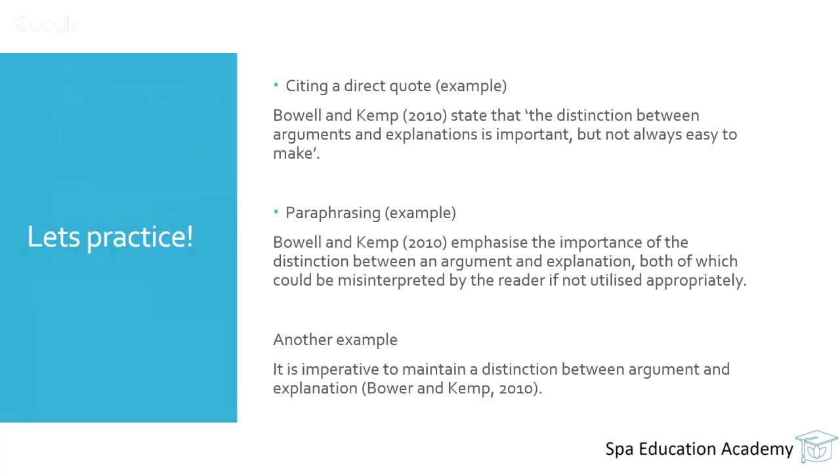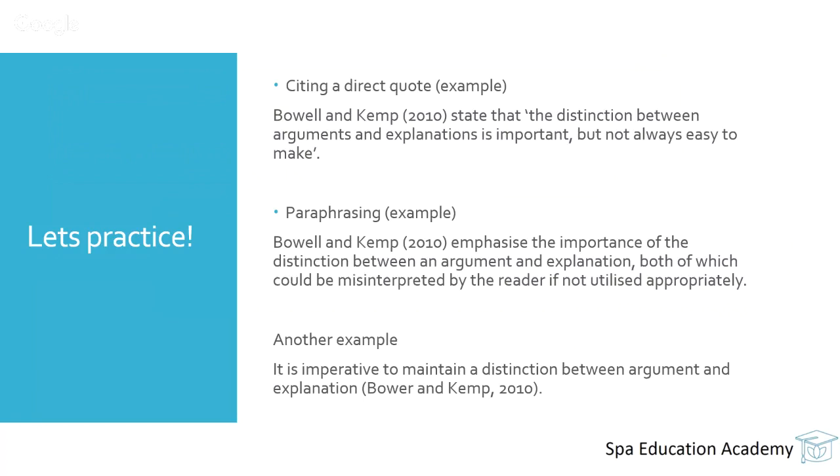Here are some examples. The first one is citing a direct quote. Bowell and Kemp 2010 state that, and here we go, here are the quotation marks, "the distinction between arguments and explanations is important, but it's not always easy to make." Okay, so now let's have a look at a paraphrase. Bowell and Kemp 2010 emphasise the importance of the distinction between an argument and explanation, both of which could be misinterpreted by the reader if not utilised properly.